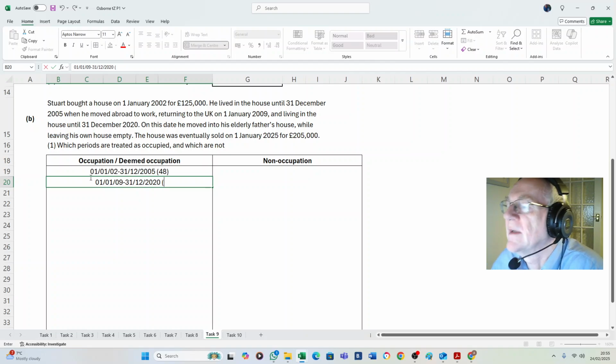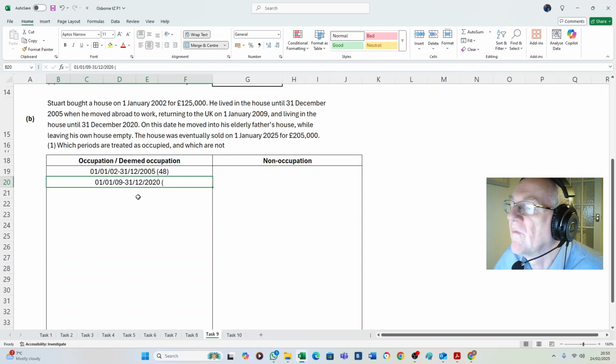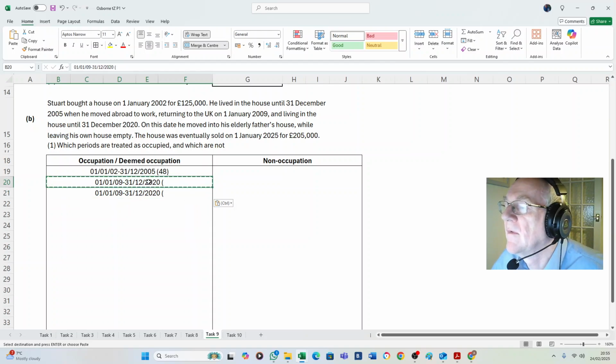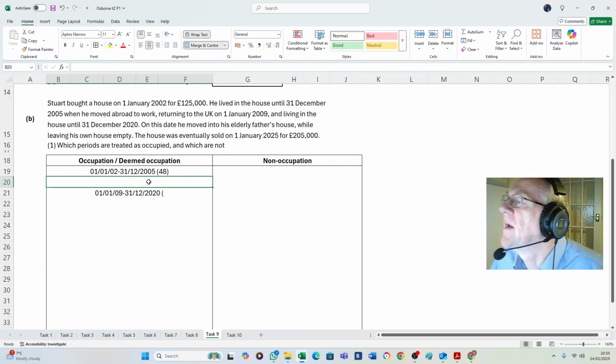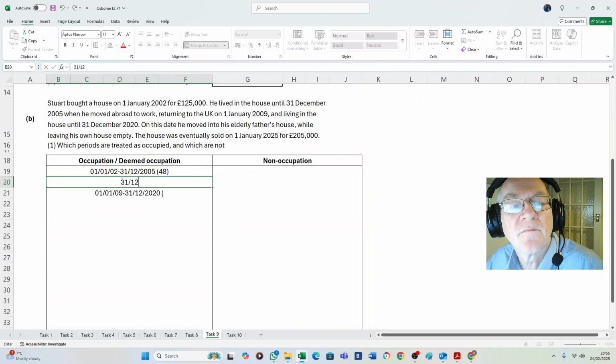Oh, hang on, I haven't done the, I've jumped one. I missed out the working abroad. So I lived in the house in 2025. Hang on, until 31st of December.